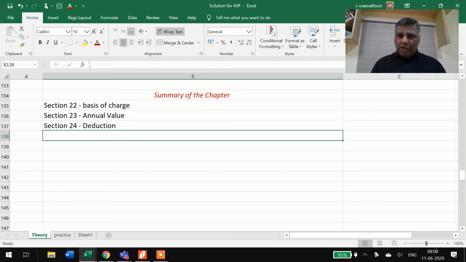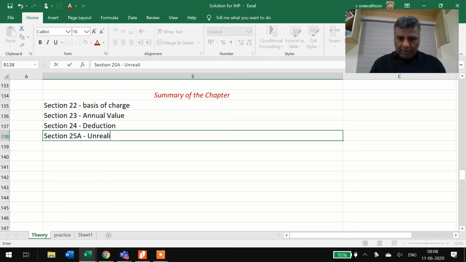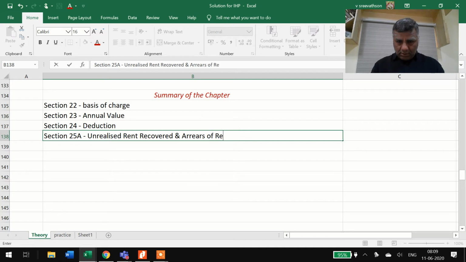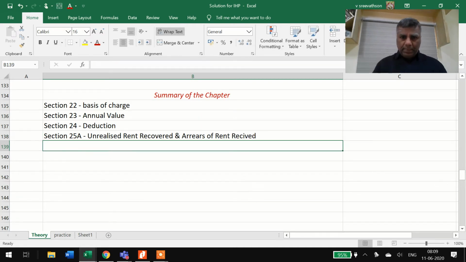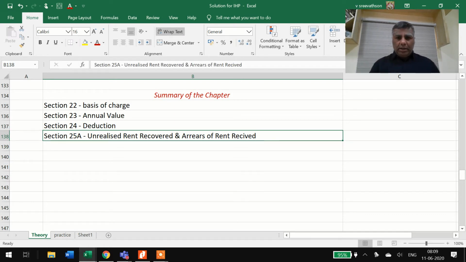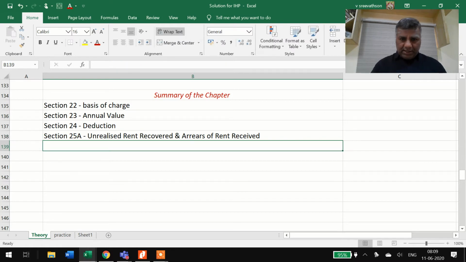Section 25A, nothing but unrealized rent recovered and arrears of rent received.